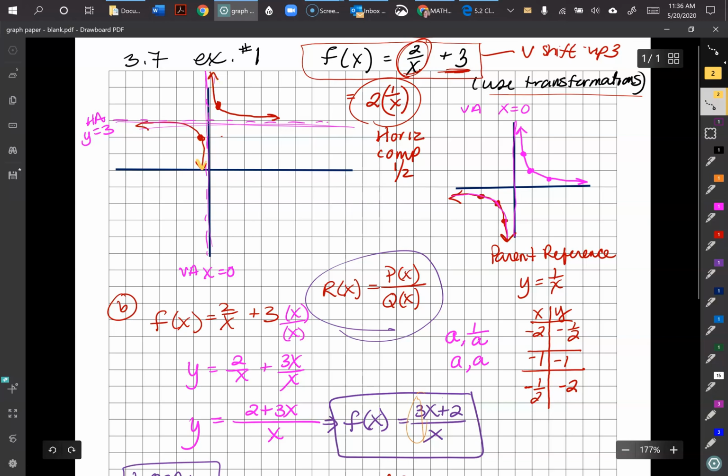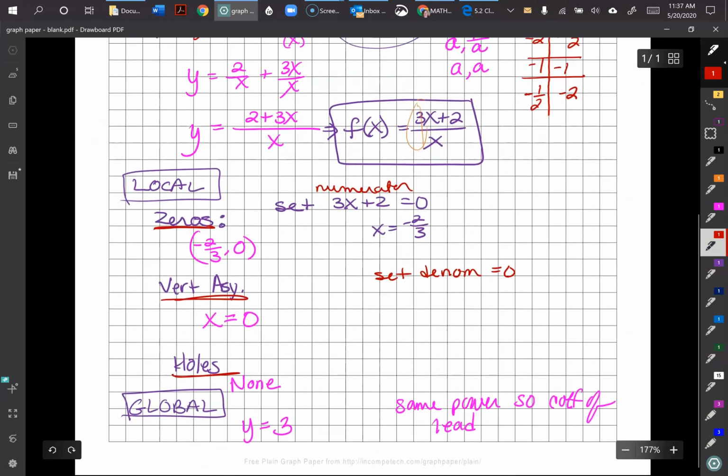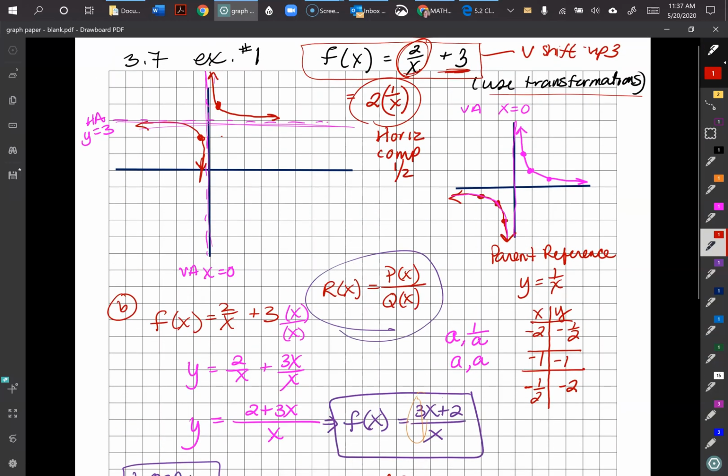This one's going down, so this one would definitely need to go up. So that's how I know where that sits. I also know that I have a 0 here, that it crosses through at -2/3, 0. So we can even be more precise here. So we know that 0, we mark it in. We know our key points should be situated there just by the behavior of the parent function.